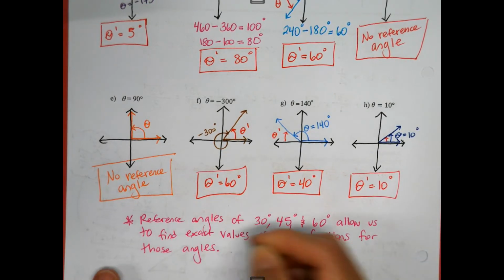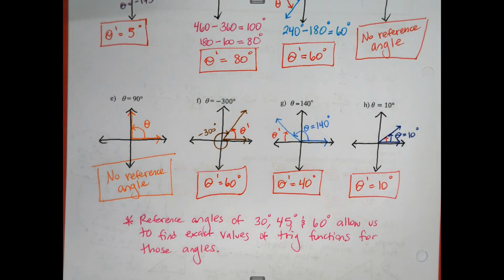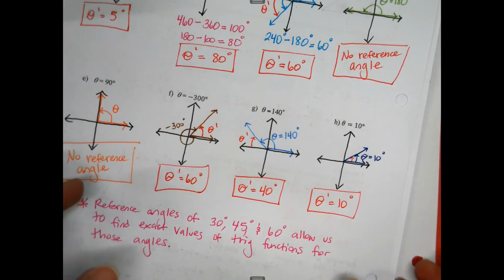We can also do it with quadrantal angles. But the reason why reference angles are so important is because if it's 30, 45, or 60, we're going to be able to find that exact value. And now we're going to look at how we evaluate trigonometric functions.